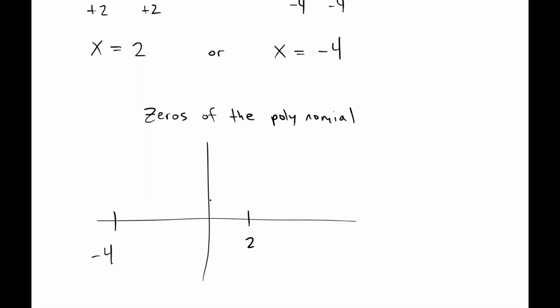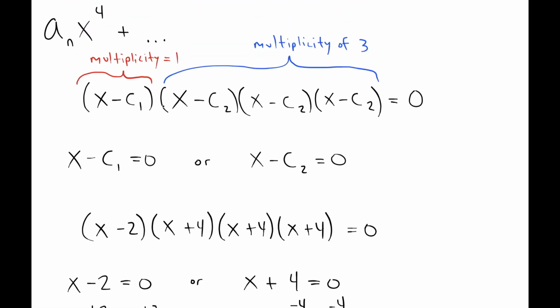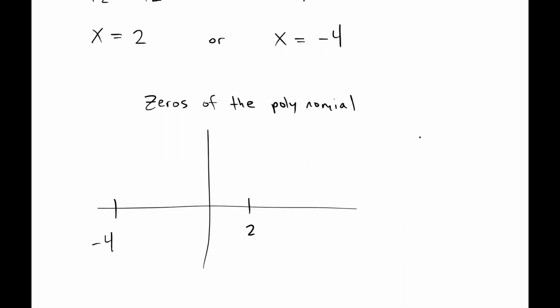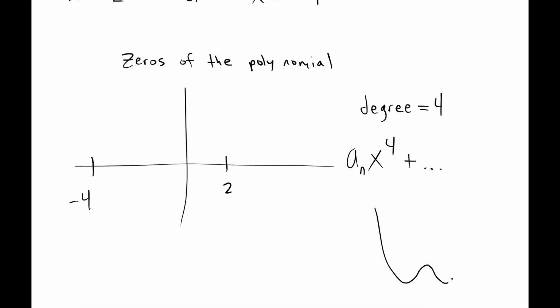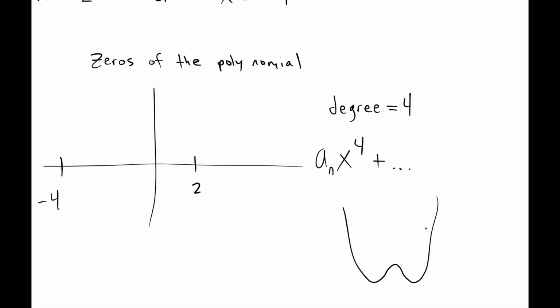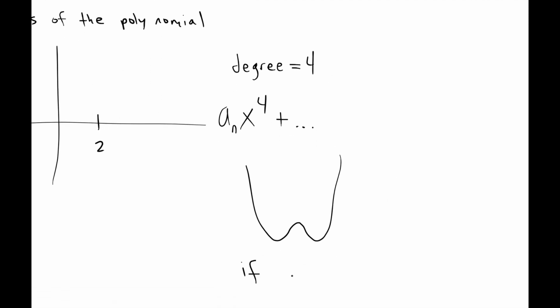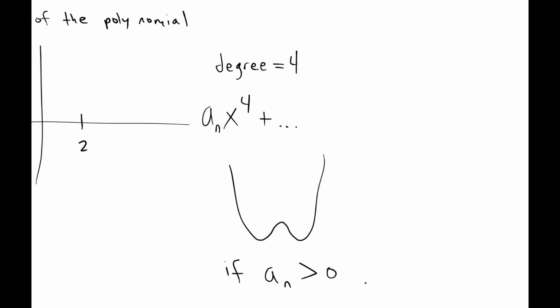Now we want to look at the degree of the polynomial. It has 4 linear factors, which means by the linear factors theorem its degree is 4, so like I said, it's a times x to the 4th plus some other terms. Now if your a is positive, then you're going to make a shape that opens upward like this. So this is if the leading coefficient a is greater than 0.